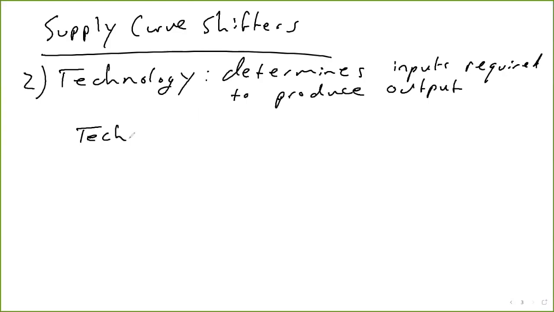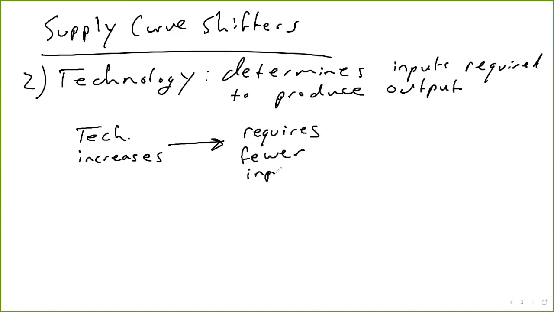So as technology increases or becomes more advanced, that typically means production requires fewer inputs. If you want to think about automation and robots, that means you require less labor. And so as technology increases, your cost per unit decreases.